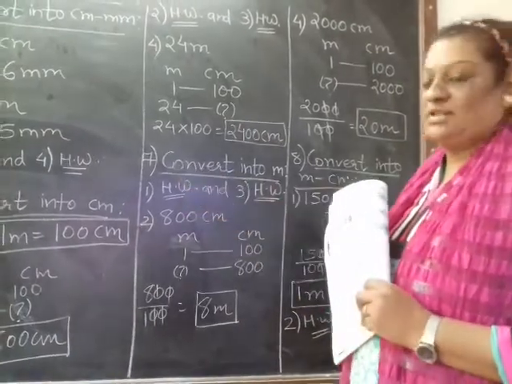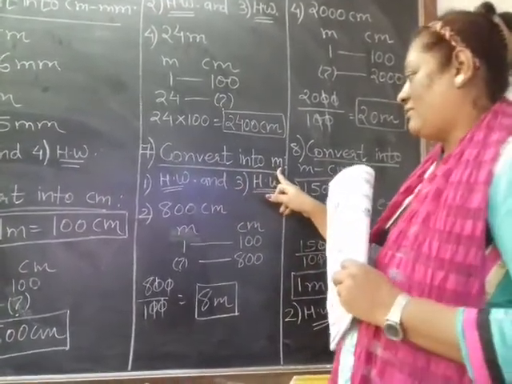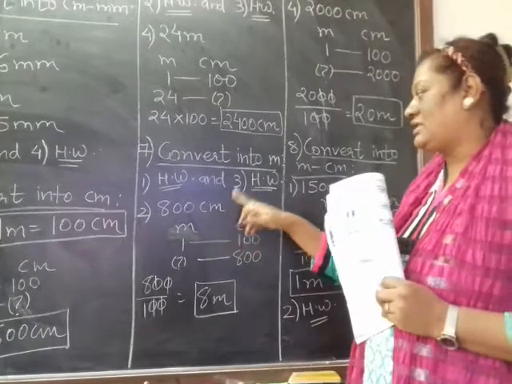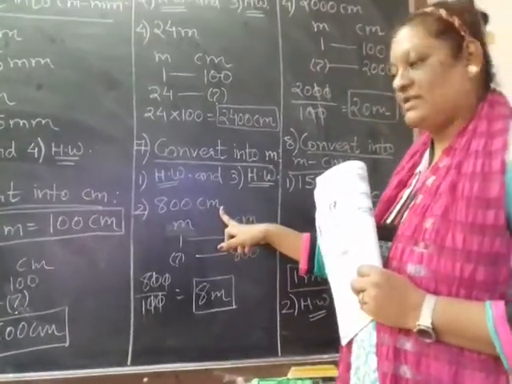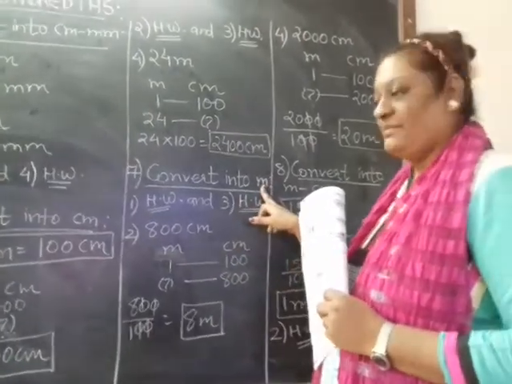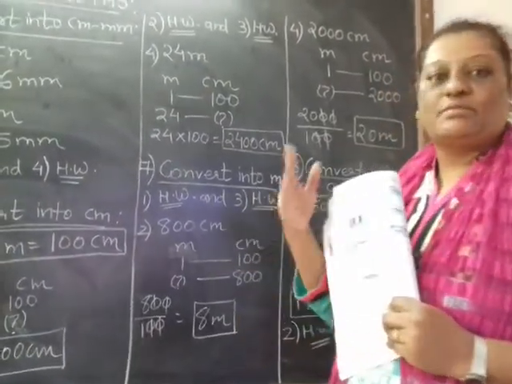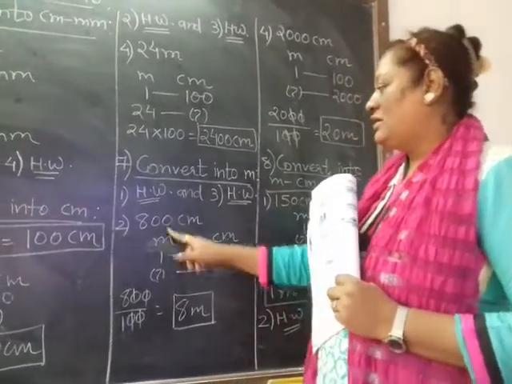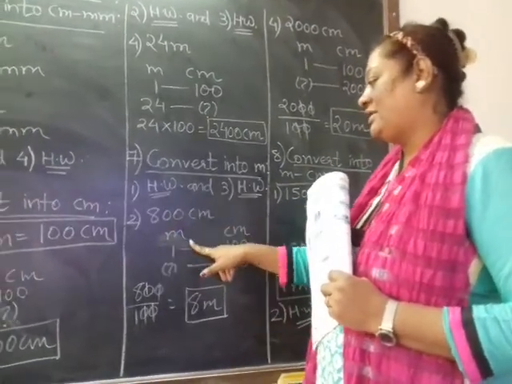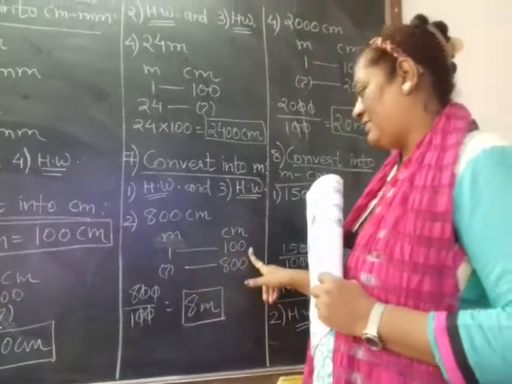Coming on to question number 7. Convert into meter. Now what do we need to convert? Centimeter into meter. Now children, you know very well centimeter is a smaller unit, meter is a bigger unit. So when we need to convert a smaller unit into a bigger unit, we go with the division method. We have to convert 800 centimeter into meter. So 1 meter makes 100 centimeter.